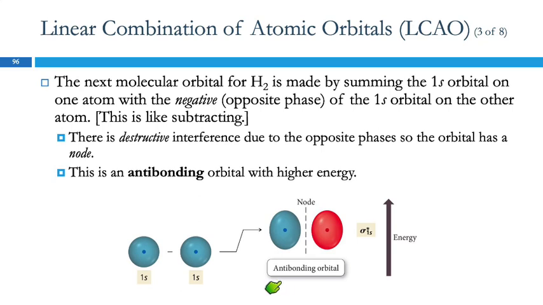This is called an antibonding orbital. It's higher in energy than the original orbitals. If we have electrons in this orbital, it raises the energy of the molecule, and that does not promote the stability of the molecule. It works against bonding: anti-bonding. This is called sigma star 1s.